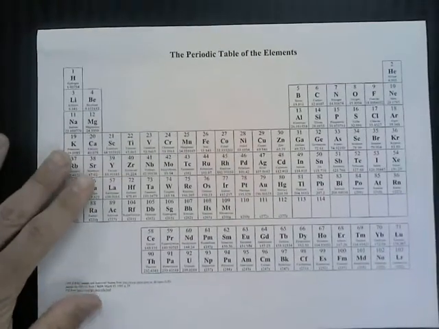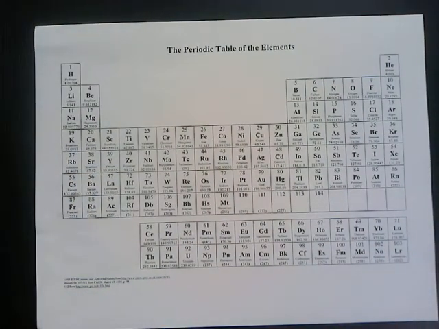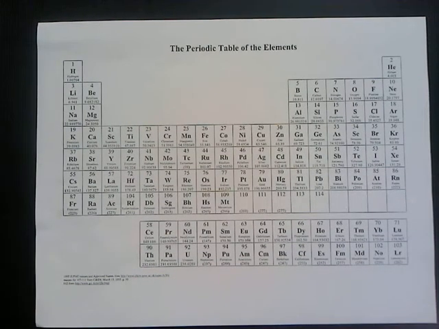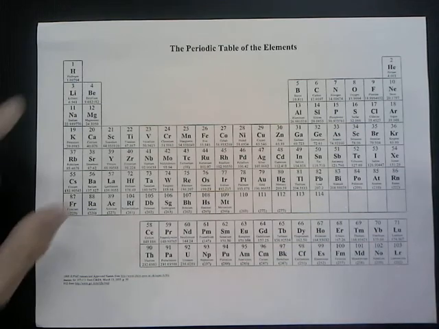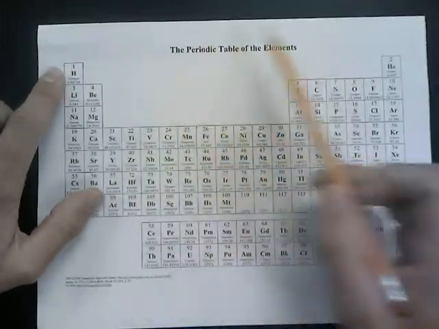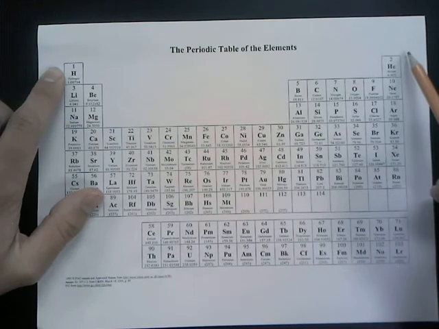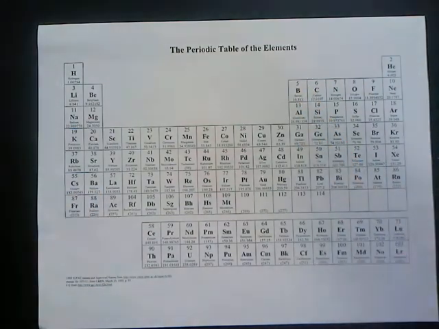In front of me I have the periodic table of elements, and I want you to take notes as I write some things on it. The first thing I want you to remember and identify is that from left to right, these are called rows, but more specifically, we are going to call them periods.